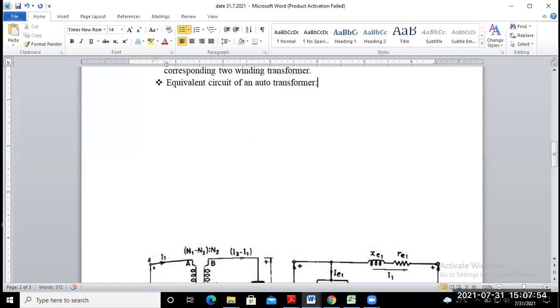So here, from the schematic diagram of the auto transformer, we specify two separate windings, AB and BC. What is the number of turns in AB? It is N1 minus N2, and the number of turns in BC is N2. The voltage across the primary winding, that means VAB, is V1 minus V2. So let us represent that voltage here, and the turns ratio.